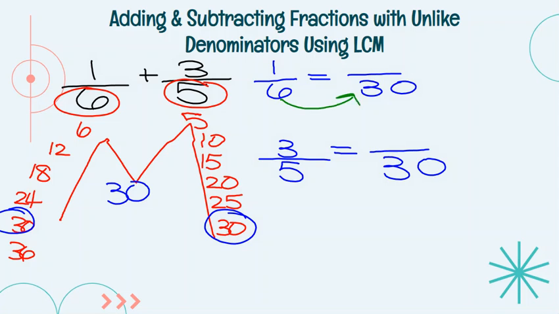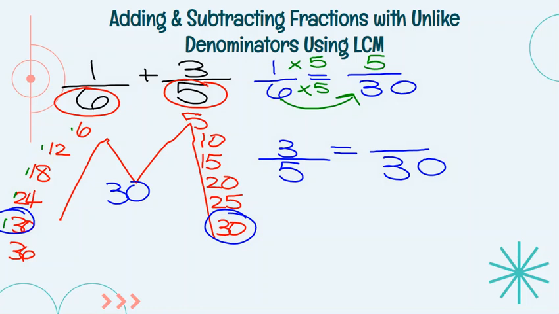And I can actually use the work on the magic M to help me because it's 1, 2, 3, 4, 5 times 5 equals 30. And I know that the rule is whatever I do to the bottom, I also need to do to the top. So I'm going to say times 5 over here, and I now know that 1/6 is equal to 5/30ths.